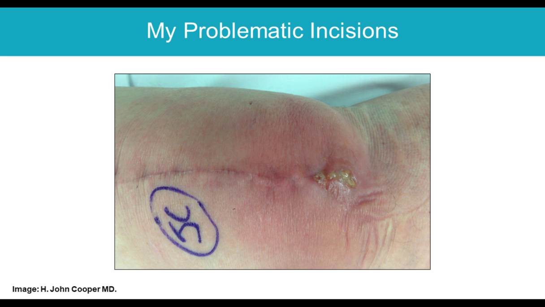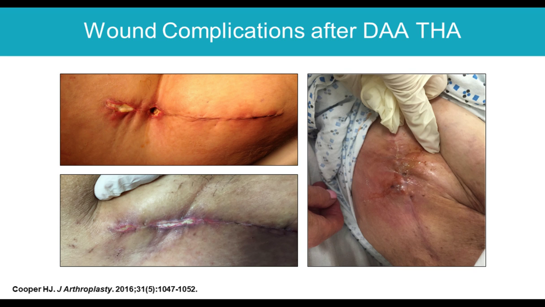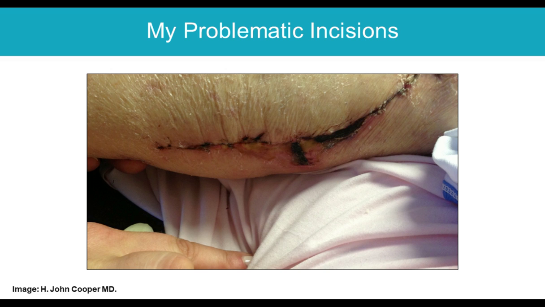The obese patients, as the one you see here, returning to the operating room about 7 weeks after knee replacement with a wound complication. These are a few images of some of my hip replacement patients with superficial and, in the top left corner, a deeper wound complication that developed due to delayed wound healing. This is an elderly, malnourished, very thin patient that I was treating for an infected hip hemiarthroplasty.